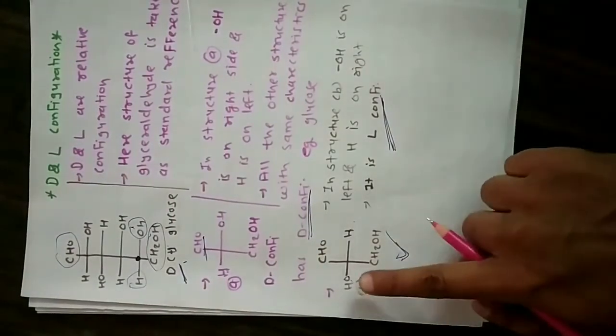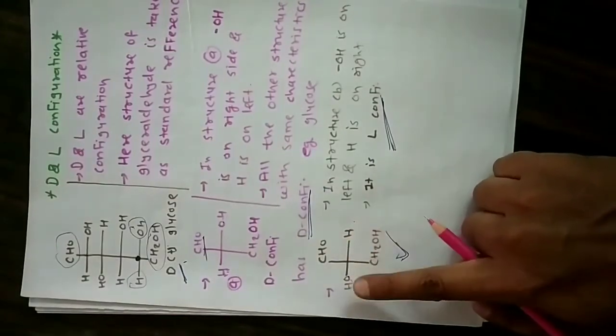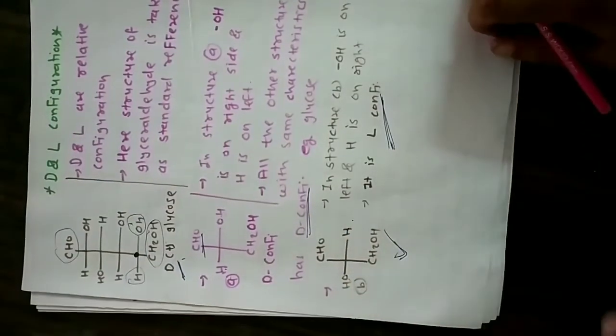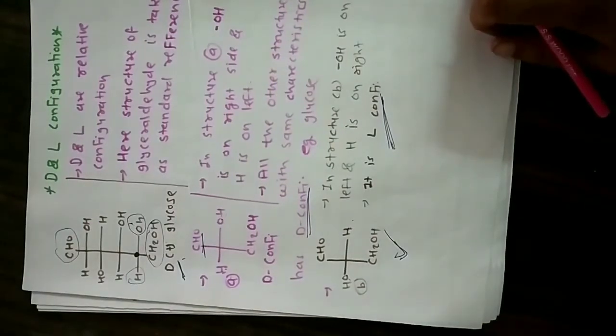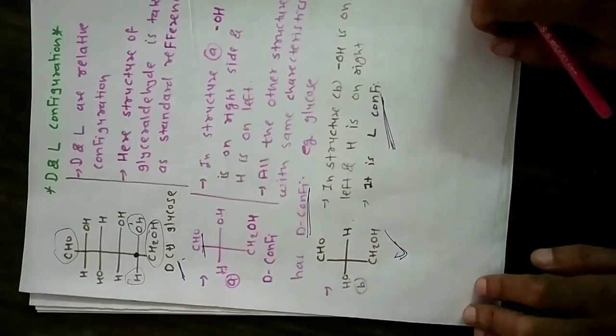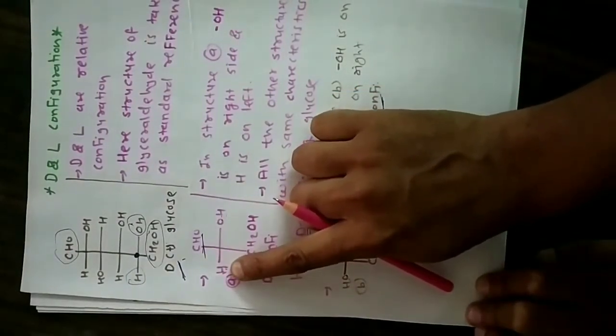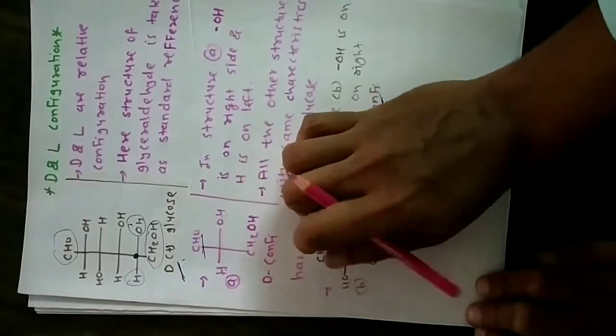What you have to check is the position of alcohol and hydrogen. If the alcohol group is on the left hand side and hydrogen is on the right hand side, the configuration is L. If alcohol is on the right hand side and hydrogen is on the left hand side, then the configuration is D configuration. Okay.